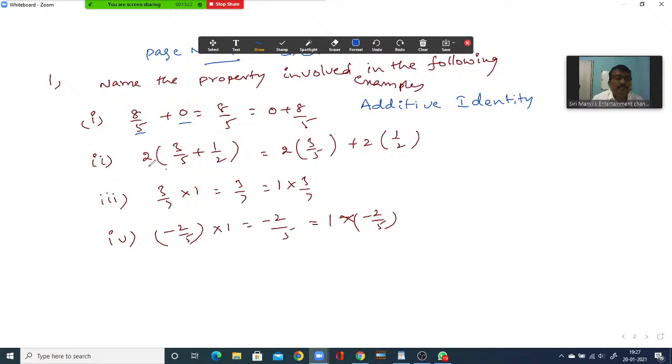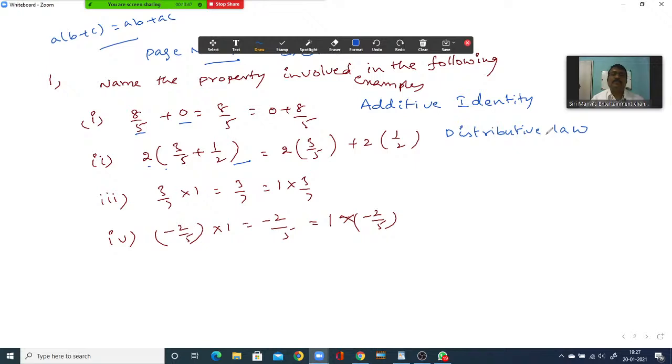Next, here we memorize that A into B plus C is equal to AB plus AC. This is the distributive law. So, name the property involved in the following examples.